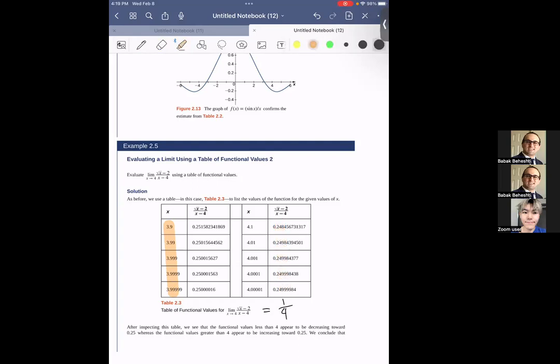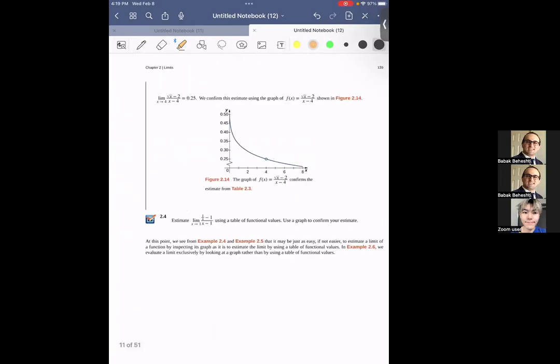So see, these numbers are less than 4, but these numbers are greater than 4. So you have left limit and right limit. But anyway, for each of them, the limit approaches 0.25. So this limit is 1 over 4 or 0.25.